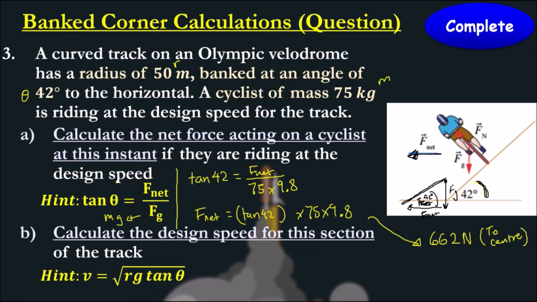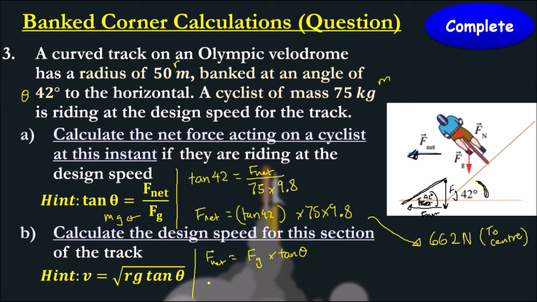So again, you can see in this equation we have tan theta equals F net over Fg. So let me show you how we derive that. I'm simply using this component that we have here. So F net is equal to Fg times tan theta.